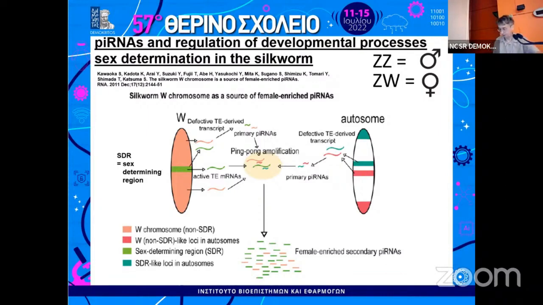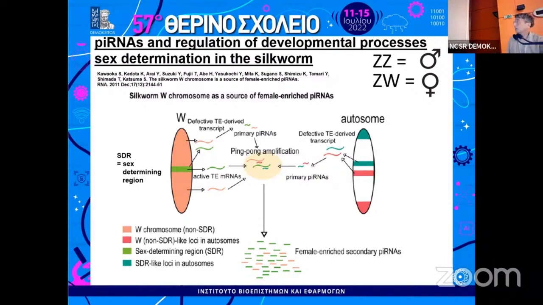Nevertheless, there have been quite a number of instances in which it was demonstrated that piRNAs regulate cellular gene expression. One of the best known examples is the sex determination in the silkworm. In the silkworm, the heterogametic sex is the female. It has the ZW chromosome configuration.